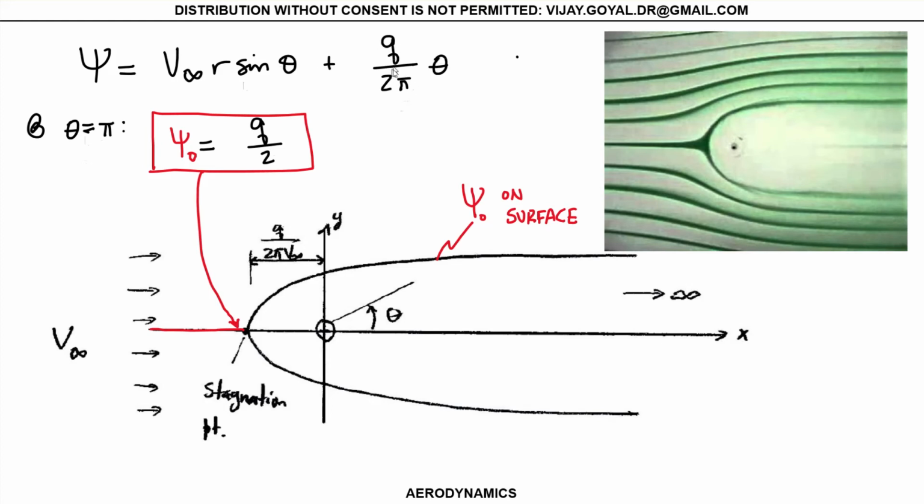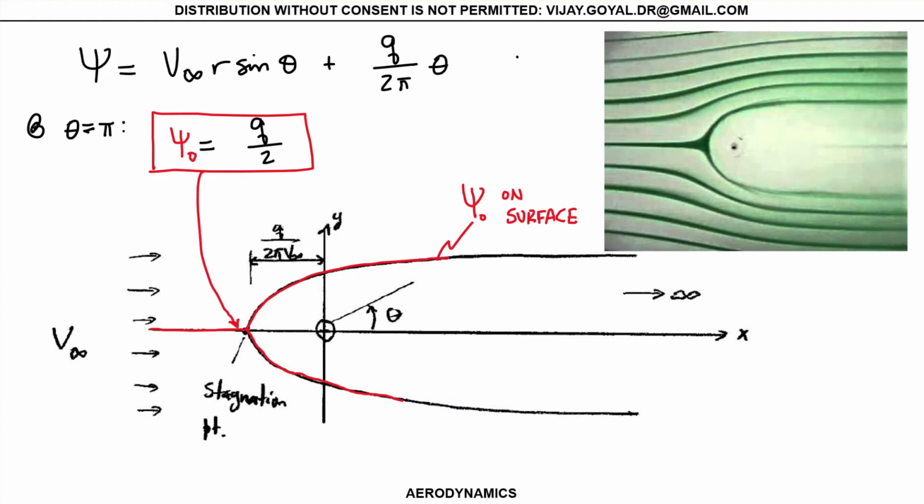Pi cancels out, you get q over 2. That will be psi sub 0, and it is valid all over the body. The stream function has that value all over the whole surface of my half Rankine body.